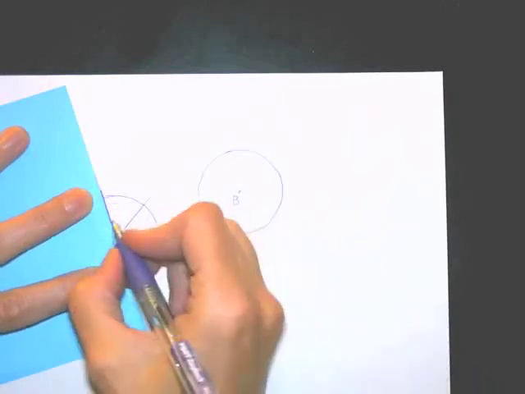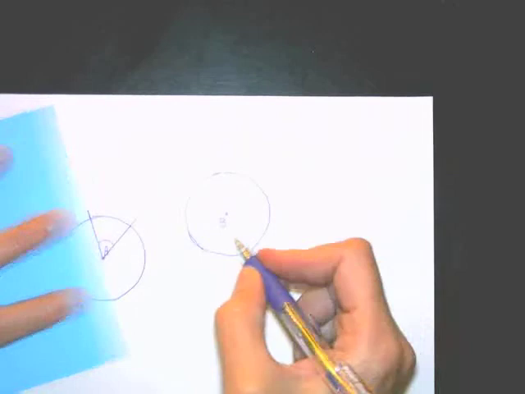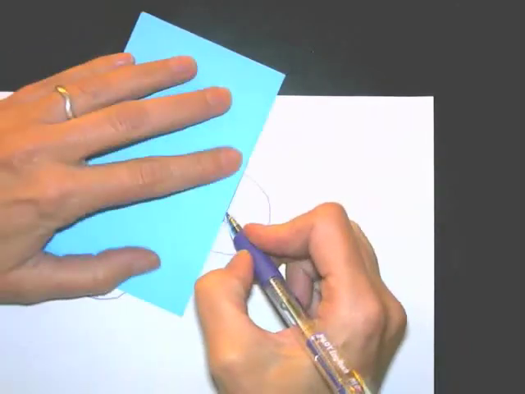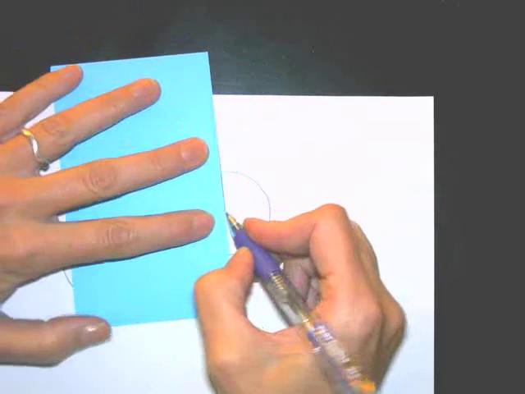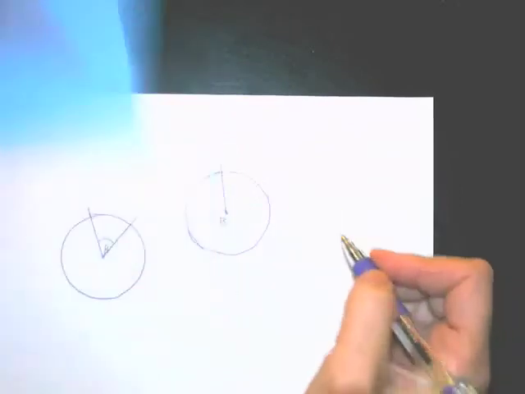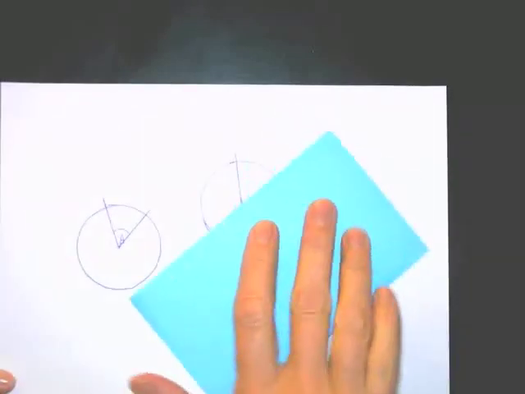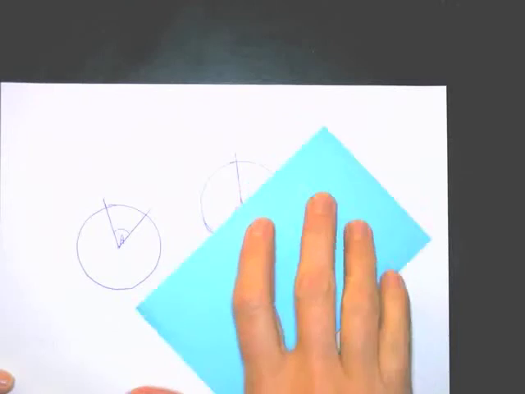Okay, so now I have this angle that I've created, and I'd like to copy that angle into circle B. Well, I can place the first side of that angle. It doesn't really matter the orientation of it. What I need to do now is use my compass to determine exactly where the other side of that angle in circle B needs to go.